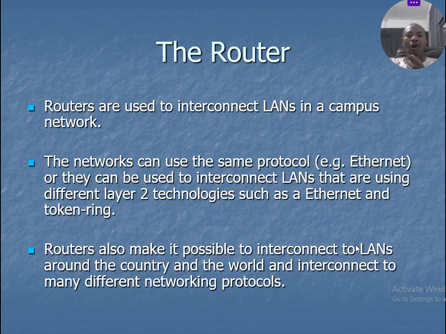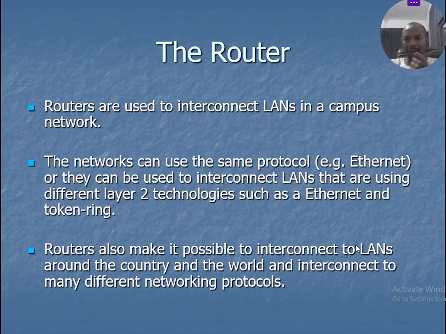Now routers also make it possible for us to connect our local area networks outside the campus. The campus networks can be interconnected with other networks, especially around the country. The router enables various local area networks in the country to be interconnected together.